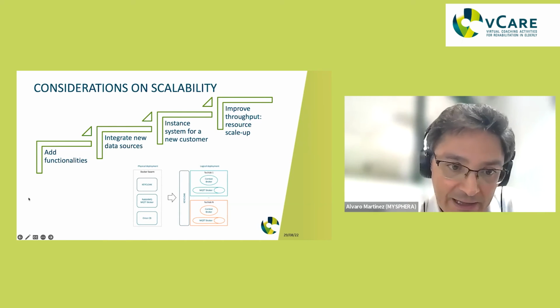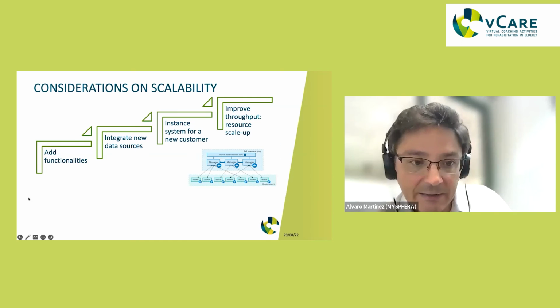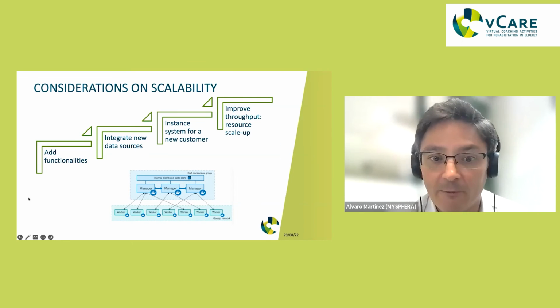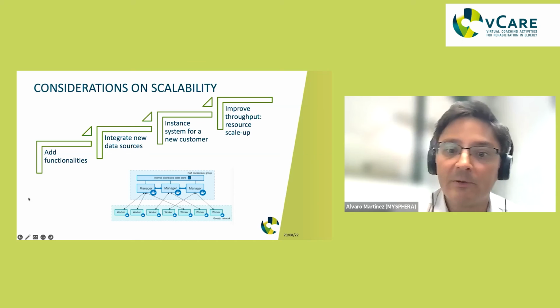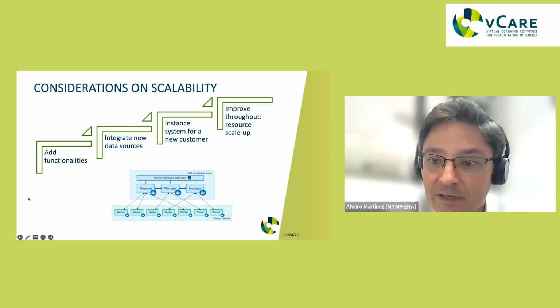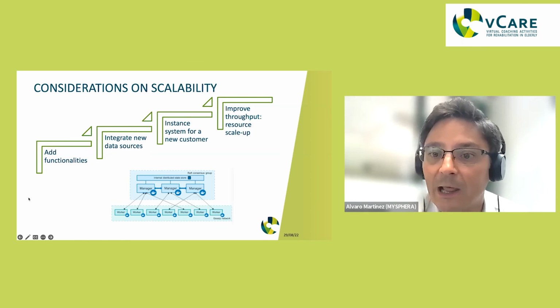Finally, the fourth level, next please, is to provide better performance for the system by adding new computation capabilities or new servers. We use a containerization technology called Docker, which allows us to provide different servers and configure them as a swarm.